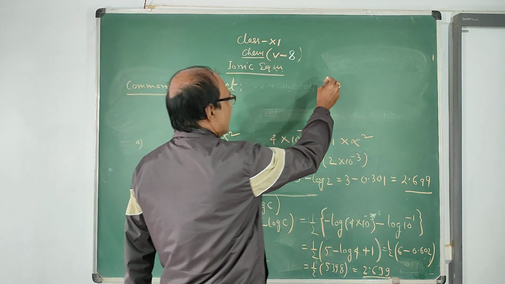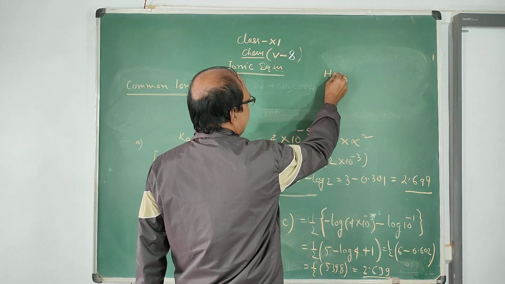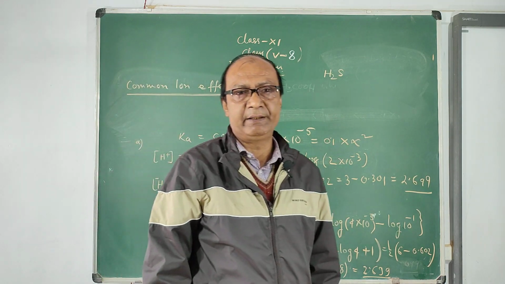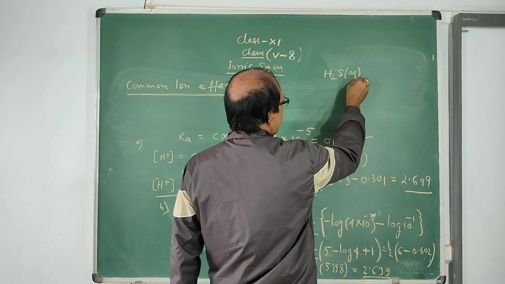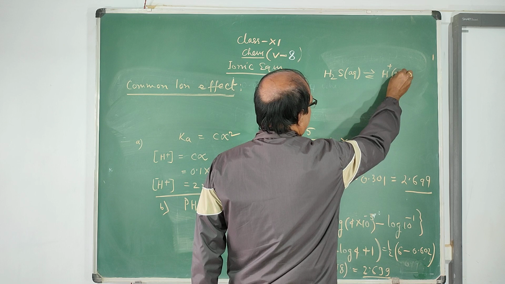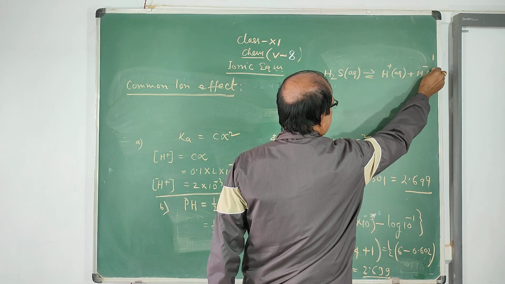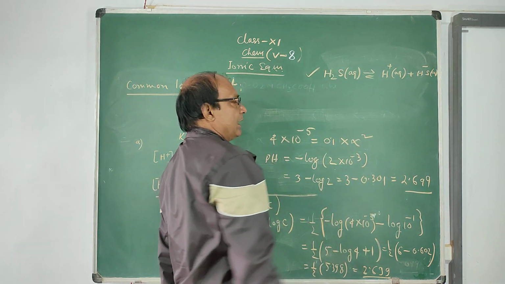Suppose you have a weak electrolyte, H2S, hydrogen sulfide. It dissociates in aqueous medium to form hydrogen ion and hydrogen sulfide ion, HS-. So this is a weak electrolyte.